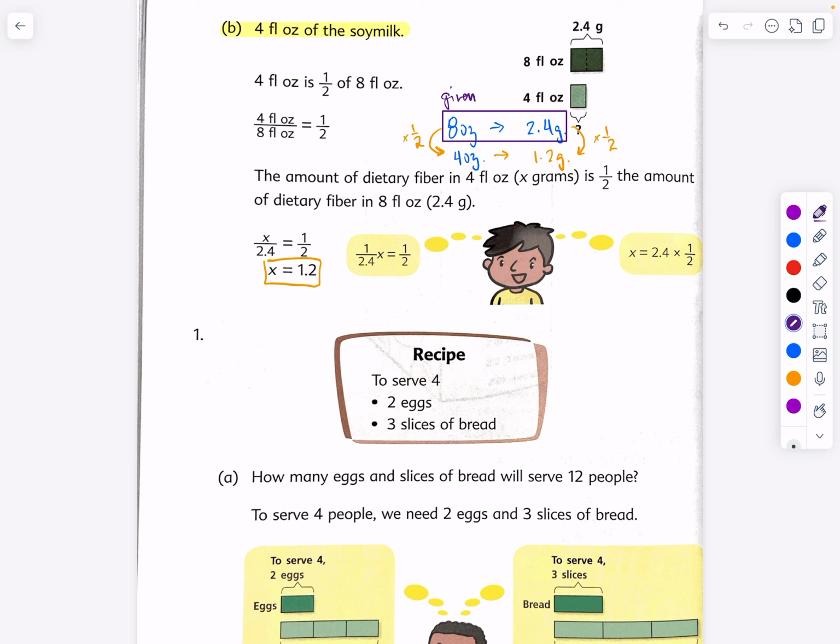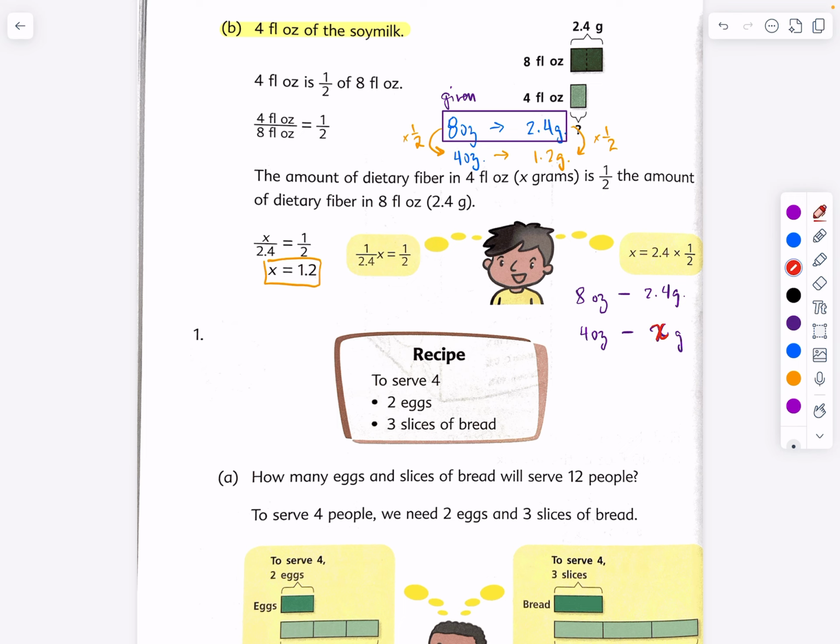The amount of fiber in 4 ounces. So let's rewrite it: 8 ounces contains 2.4 grams of fiber. 4 ounces contains X, and here's where we're going to use our beginner's algebra skills.